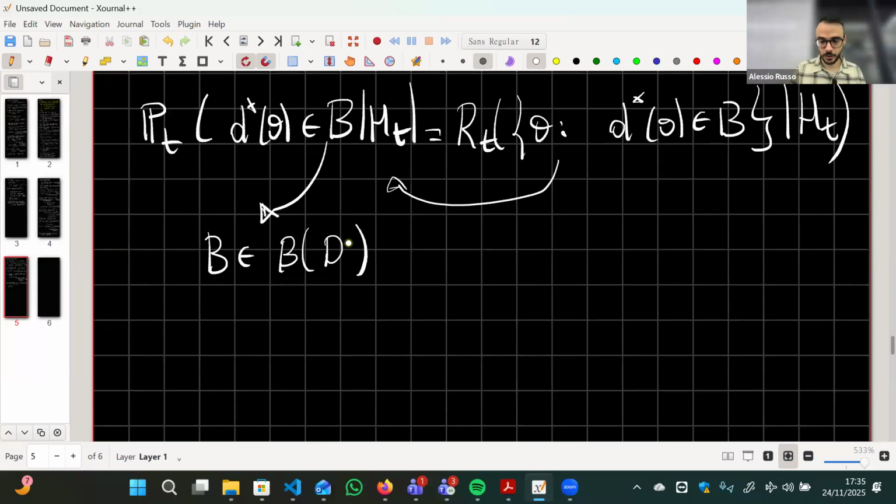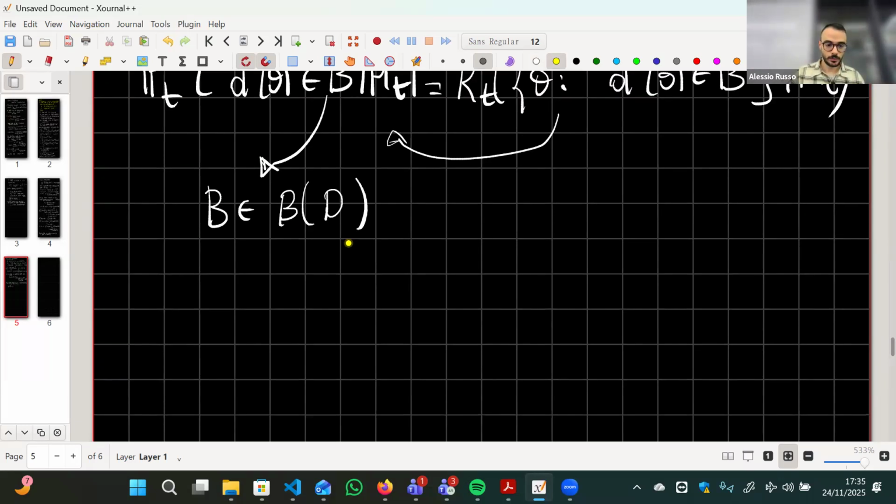So now we are just going to show the last result of today. The result is simply that the best inference rule is the inference rule that maximizes the posterior distribution.